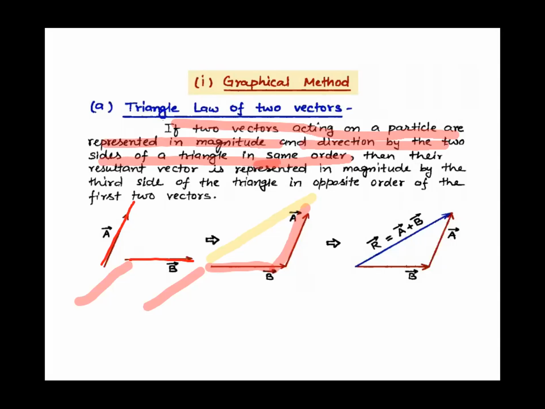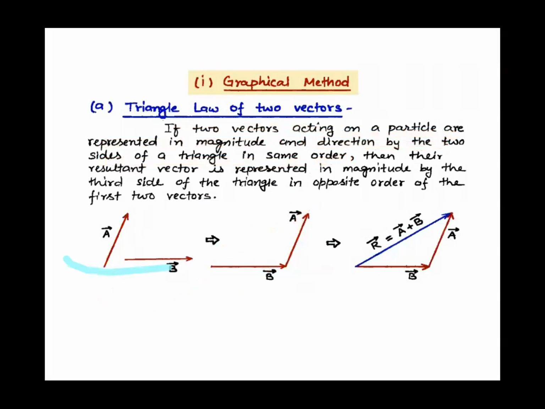So let's start with it. Here we are given two vectors. One is vector A and the other is vector B. Now what are we doing? We are just displacing this vector, and we are placing it over here, without changing its magnitude, without touching its direction.